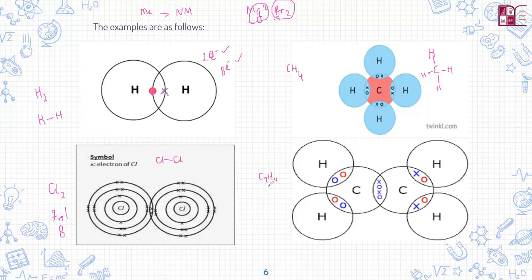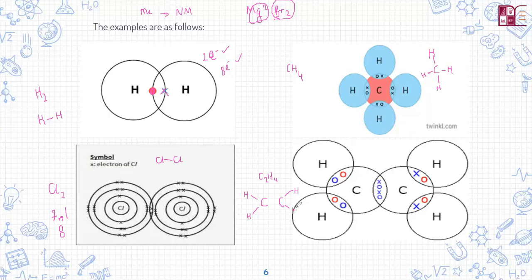C2H4: carbon has 4 electrons in the outermost shell, and it needs 4 more electrons. If it forms single bonds with hydrogen, then where will it get the rest of the 2 electrons?